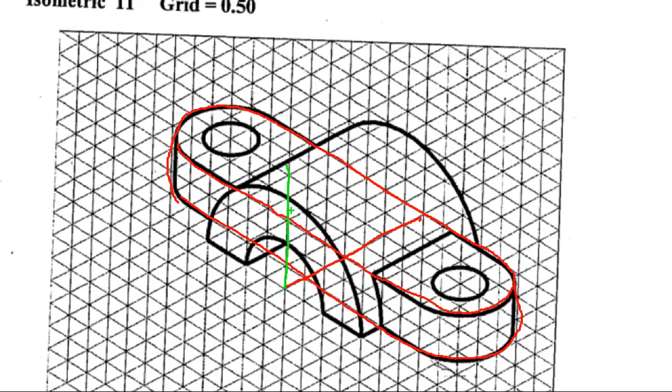So the halfway point would be starting here. So let's count here. So 1, 2, 3, 4, 5, 6, 7. All right, so it's 7 in length, and then 1, 2, 3, 4.